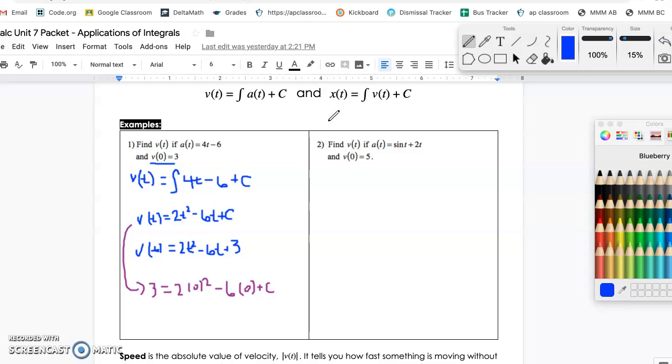All right. So this one, find velocity if acceleration equals sine t plus 2t. Here, all we're doing is taking the antiderivative.